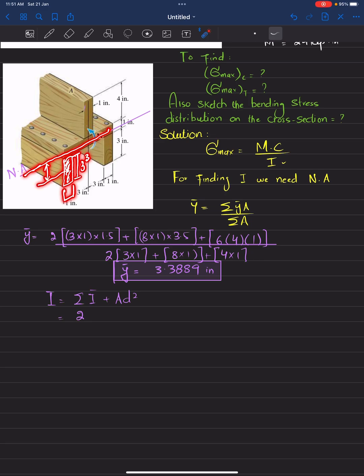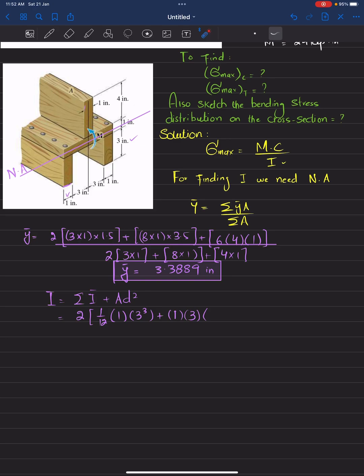This is your d. So 1 over 12 times 1 times 3 cubed, plus this area, 1 into 3, and d squared.